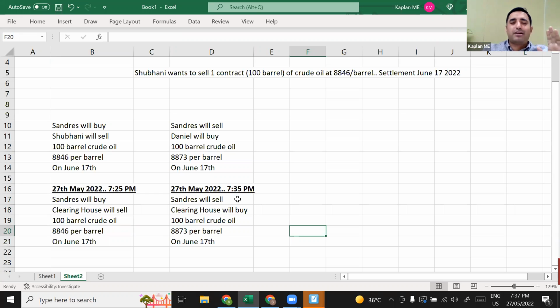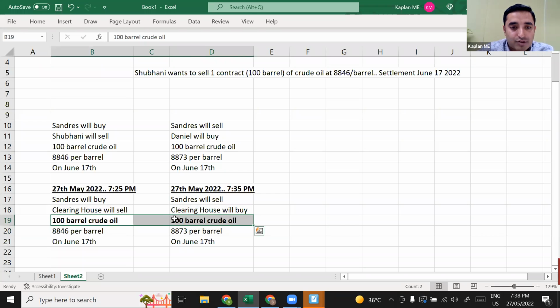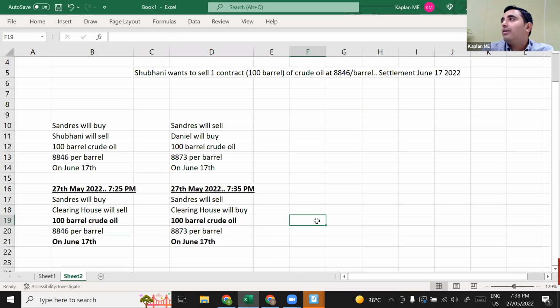From Sandres' perspective, first Sandres will buy crude oil at 8846. Then Sandres will sell at 8873 to the same person, clearinghouse. So what is the point of doing all these things? The way it works is, the moment Sandres enters into this contract, because these contracts are exactly the same, for the same 100 barrel, for 17th June, entered into the same exchange, your trades will get wound up.